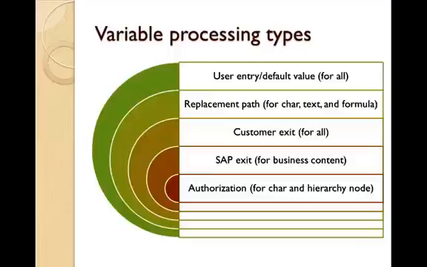So if that's the case, then for query 1, we can define a replacement path which points to query 2. Whenever query 1 is executed, BW will then execute query 2 behind the scenes to return the top 10 materials, and then use those top 10 materials to find the corresponding customers.